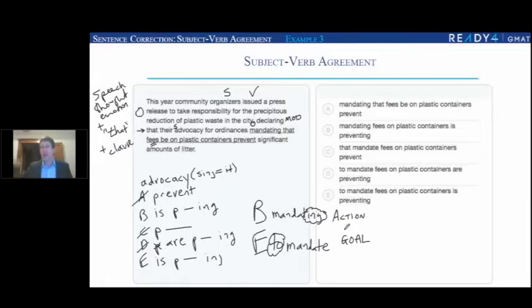Or are the fees the actual goal? Do you guys see the difference? So the way I would look at it is that the fees on the litter, the fees on plastic are just the action, and the actual goal is to prevent litter.